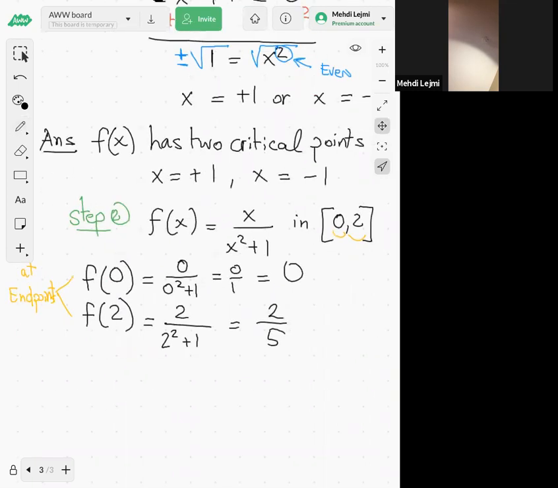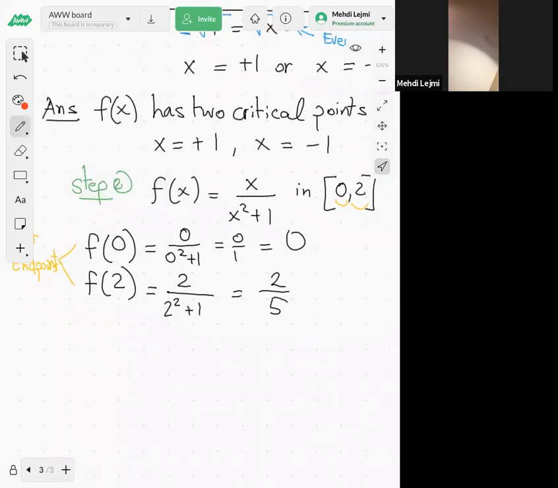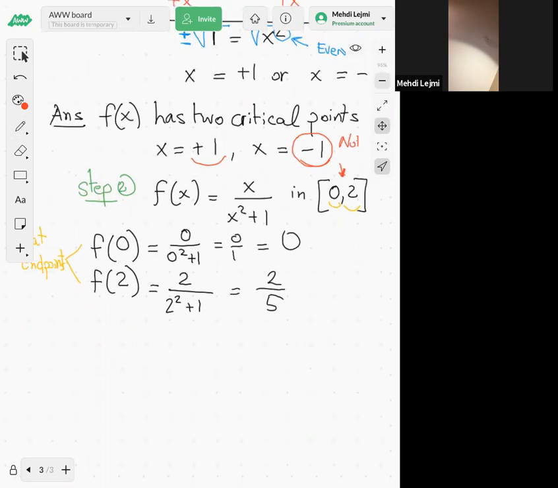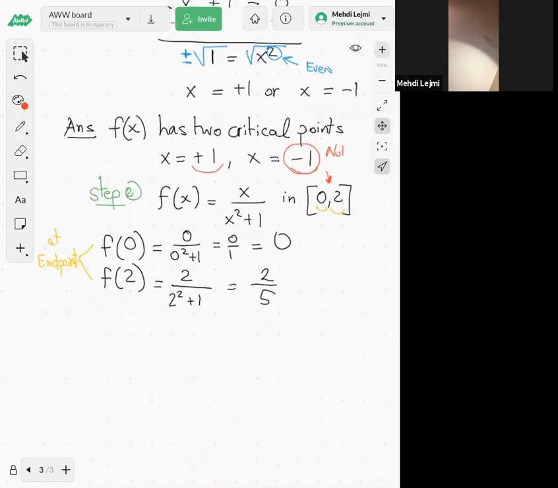Now, what's the value of the function f at the critical points inside the interval? Be careful, guys. I got 2 critical points, plus 1 and minus 1. However, the minus 1 is not inside my interval, the interval 0, 2.